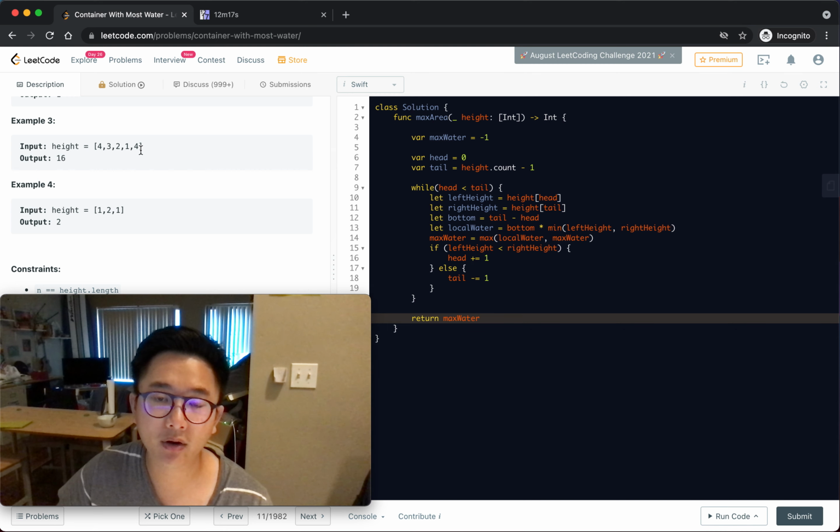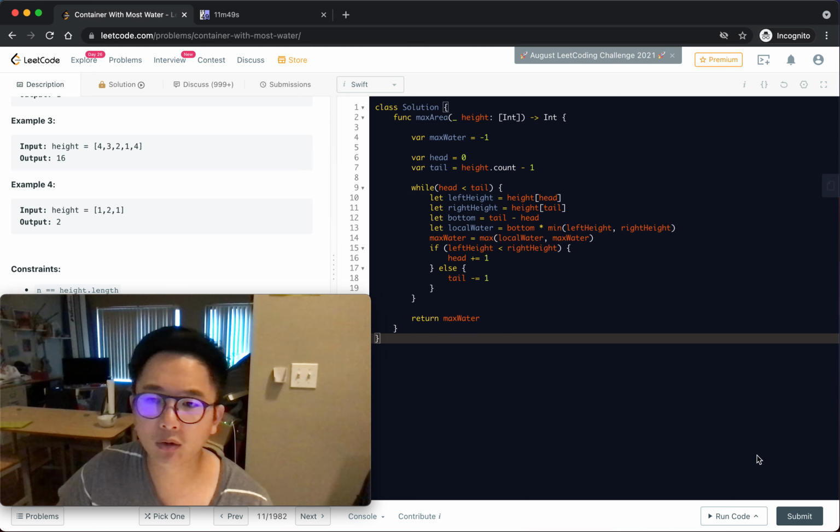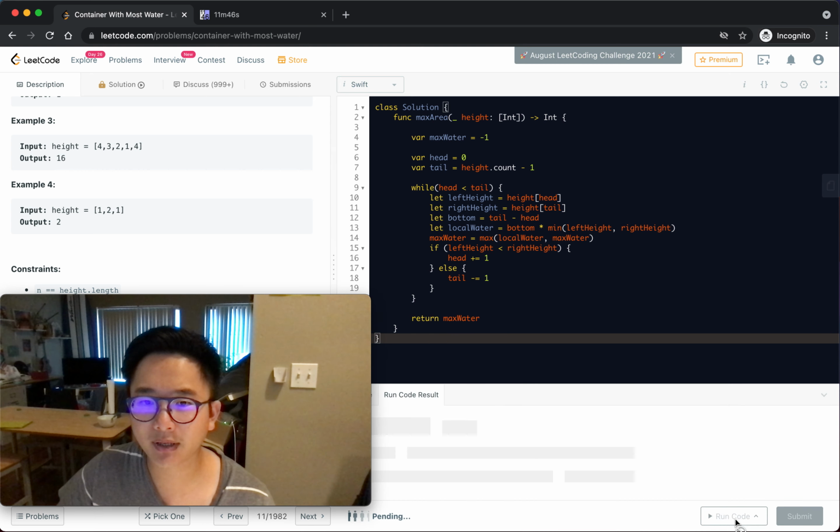So max water is going to be 16, and left height is smaller so we move up, and the local area becomes 9. Move up, the area is going to be smaller, and then we'll return max water. Okay, so it looks pretty good with the simple example.